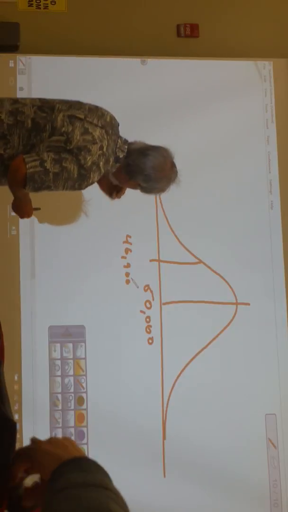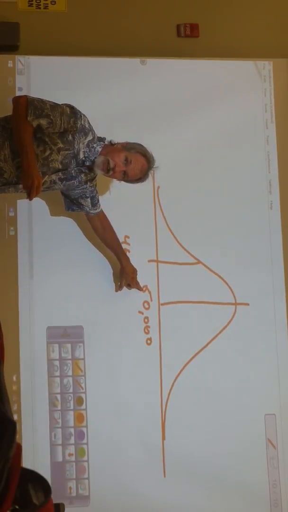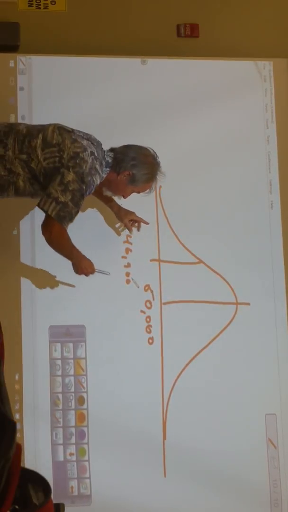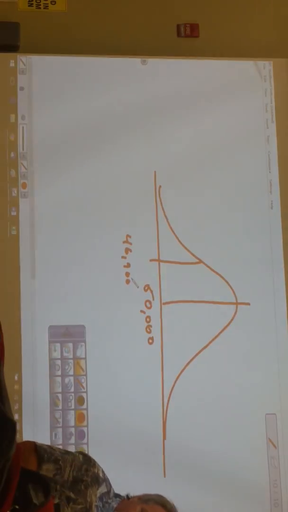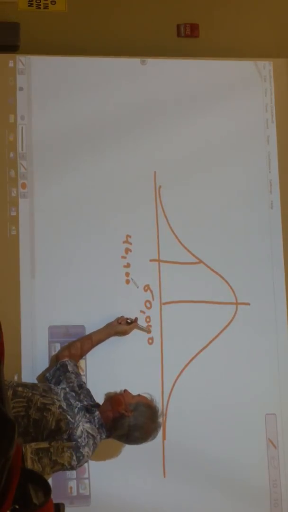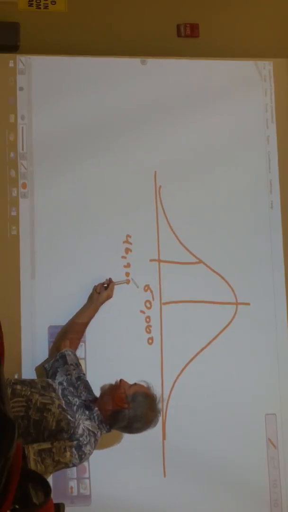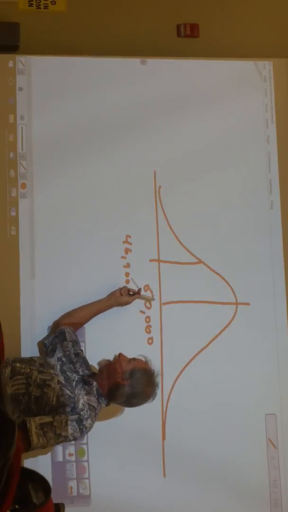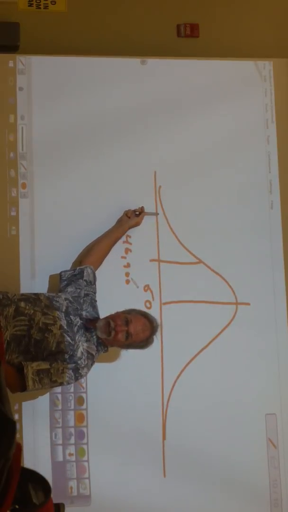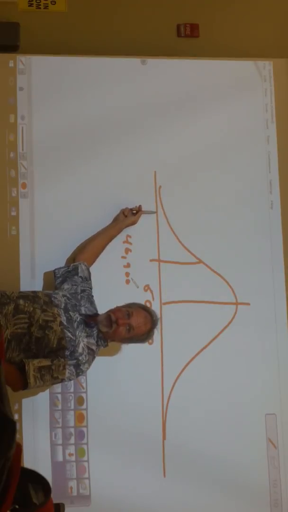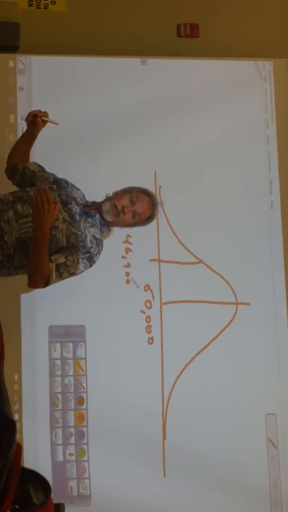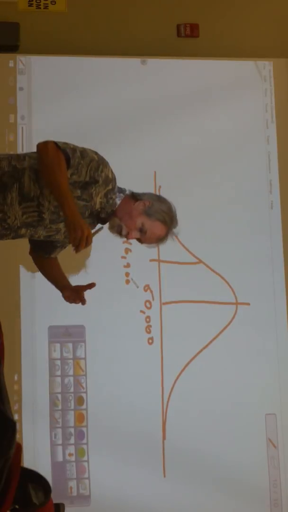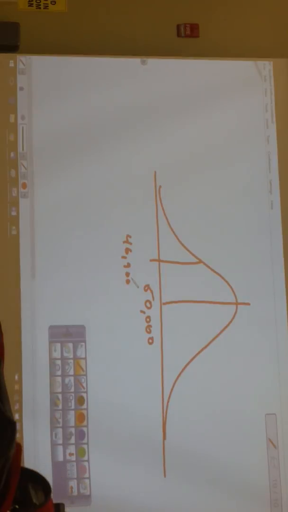So mathematically, is this really less than this? Well, we don't know, because this is our hypothesis, that it's 50,000. Our alternative hypothesis is that it's actually less than 50,000. If it was too far down here in the tail, then we could say, with some degree of accuracy, 95%, that... we're not going to choose an alpha quite yet.